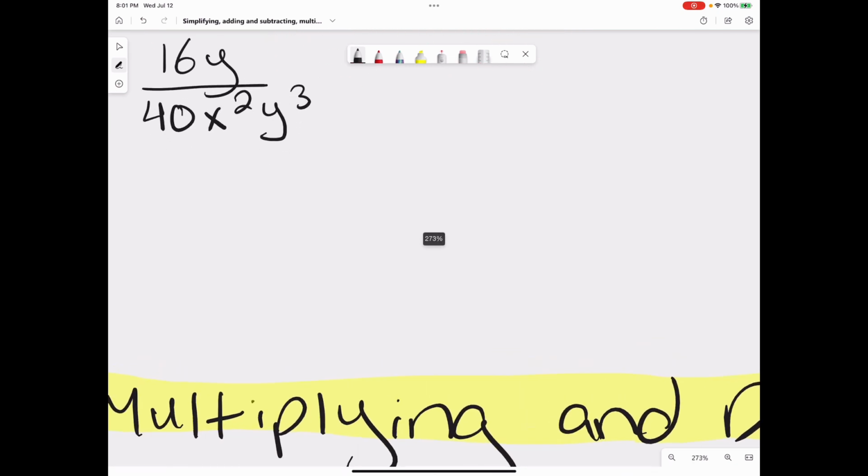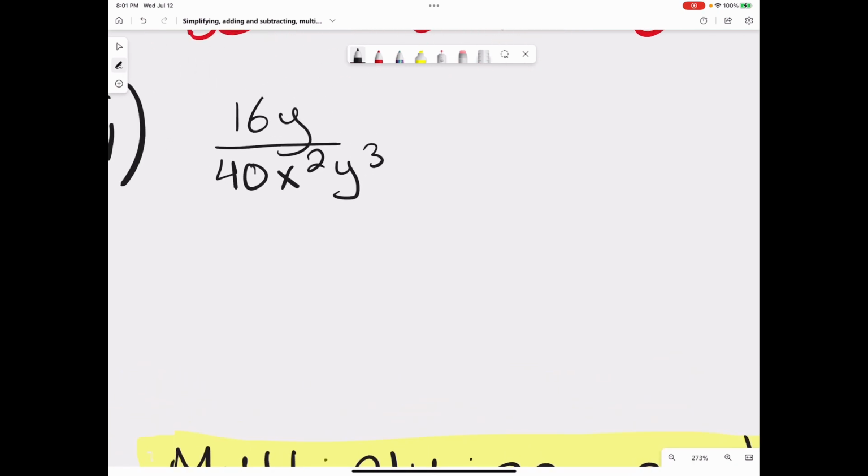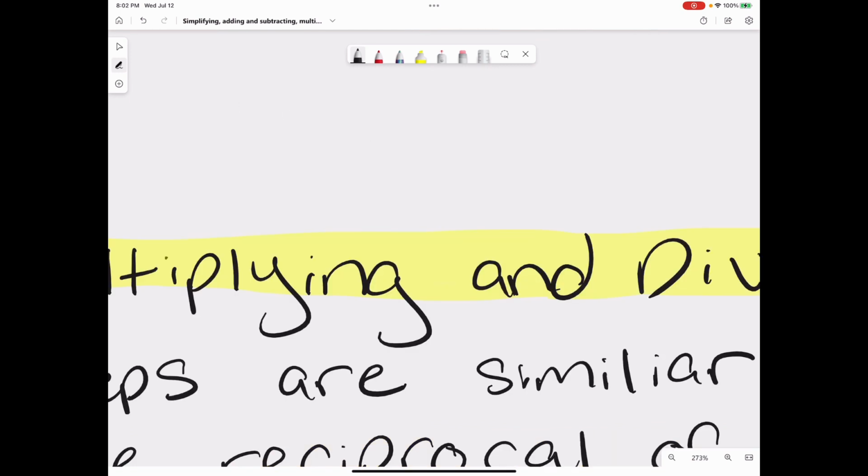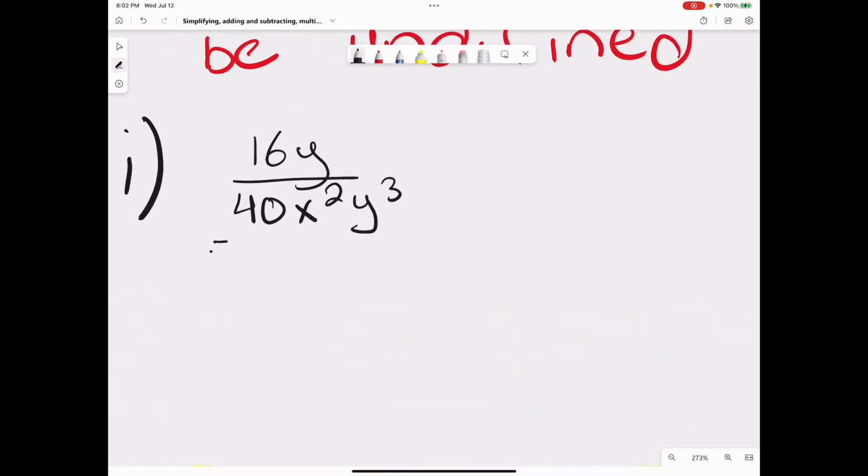Let's look at this problem: 16y over 40x to the power of 2 y to the power of 3. So we look at what times what would equal 16, and you want to come up with the highest number so that it can be as simplified as possible. The only one other than 16 times 1 is 8 times 2.